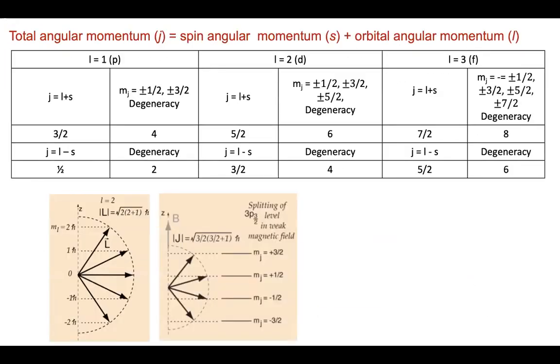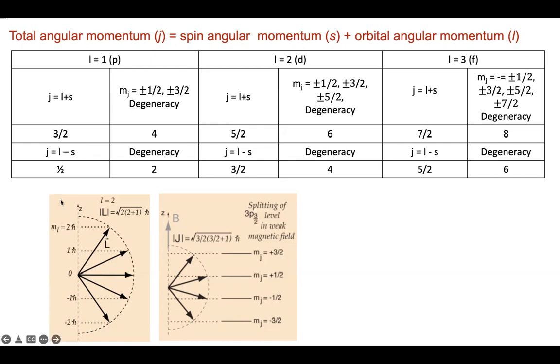Okay, so let's review. If you have a p orbital, L is equal to 1, and S is 1/2. That's your orbital angular momentum. So if you have 2p, then you can have L plus S, so their total angular momentum could be L plus S, which will give you 3/2, so 2p 3/2.